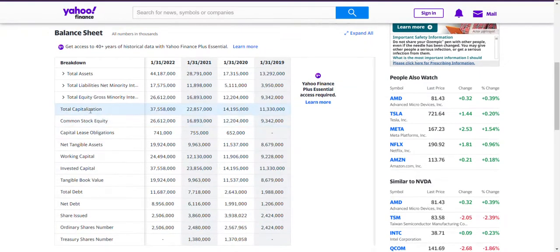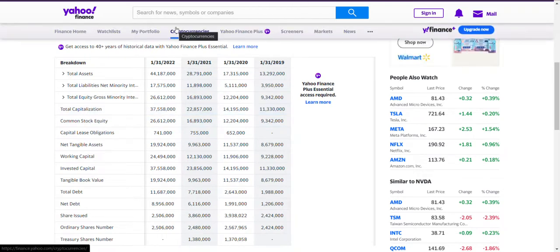But let's see, total capitalization. Those are basically the sum of all long-term debt and equity. So it's got some long-term debt in there, which I'm going to assume is real estate and stuff like that. Common stock equity has grown quite a bit over the years.